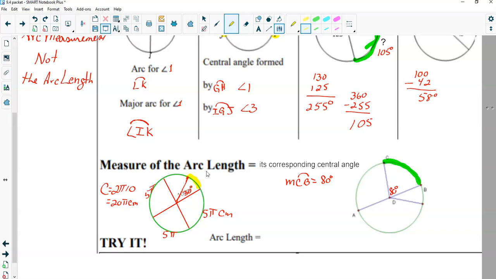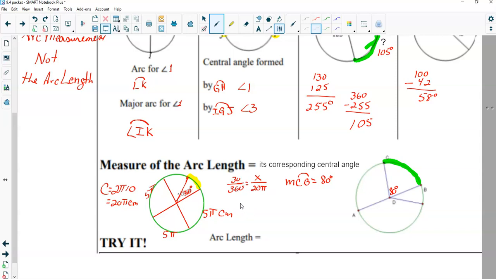Well, we could find that because we could use ratios or proportions to find that measurement. We know this is 30 degrees, so 30 is to 360, which is the whole circle, as x is to 20 pi, the circumference. That's what we're looking for. So we cross multiply.